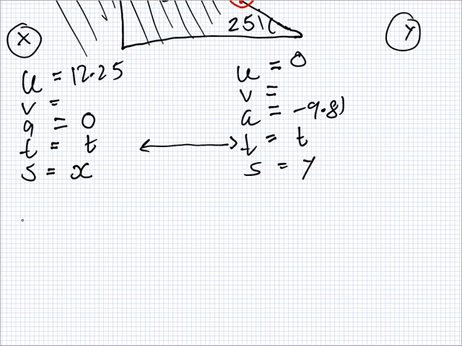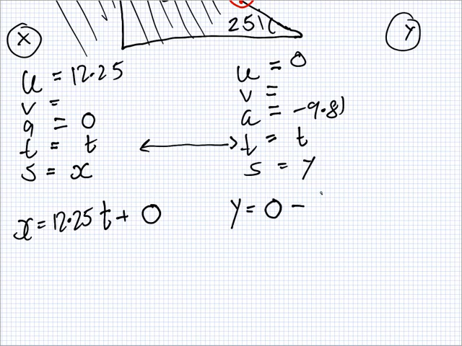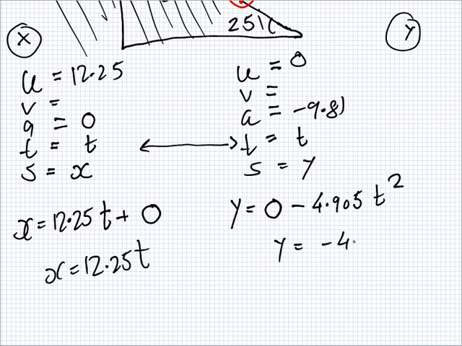So here, S equals UT plus a half AT squared, and here too. So I have X is 12.25 T and Y equals minus 4.905 T squared. And the minus because it's going underneath.